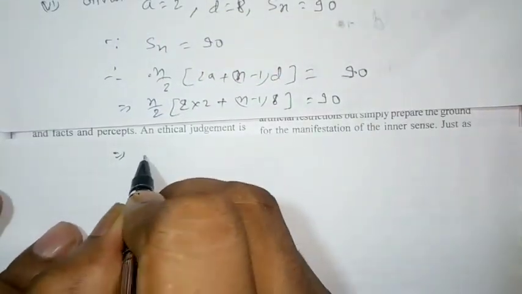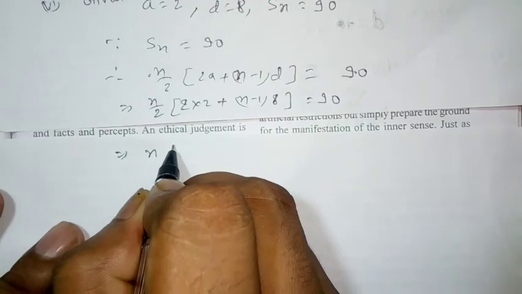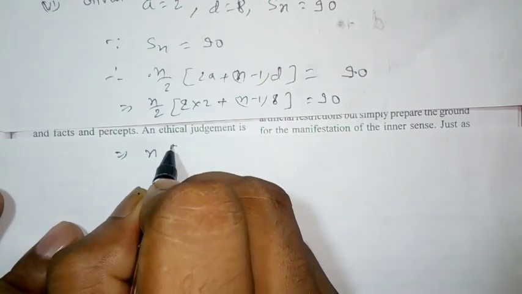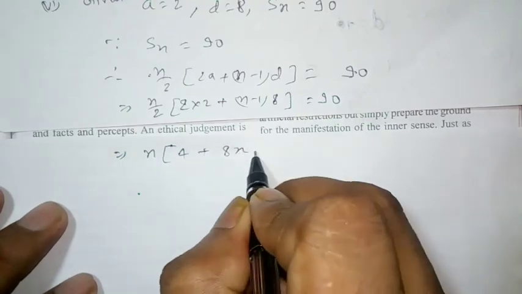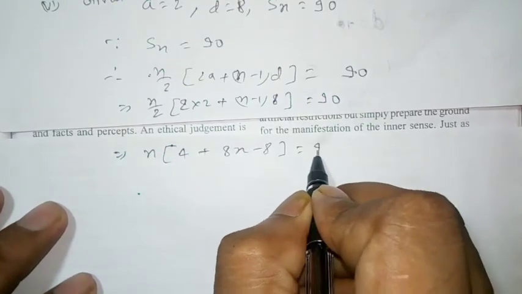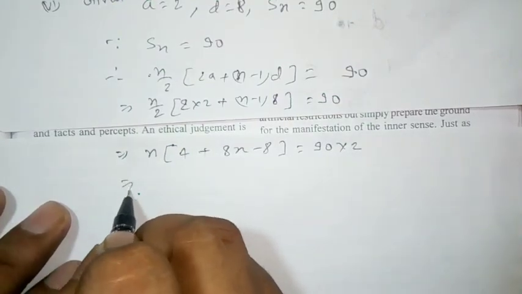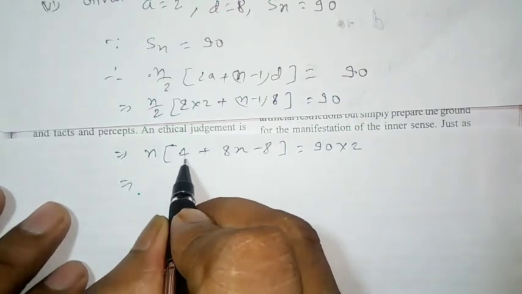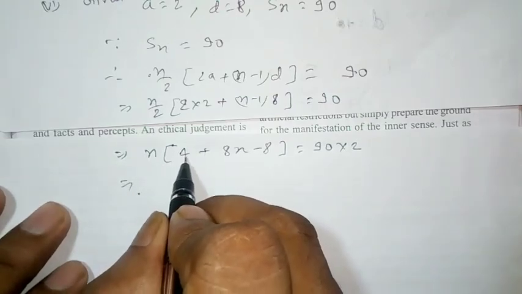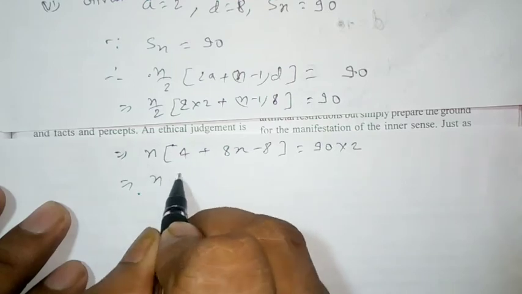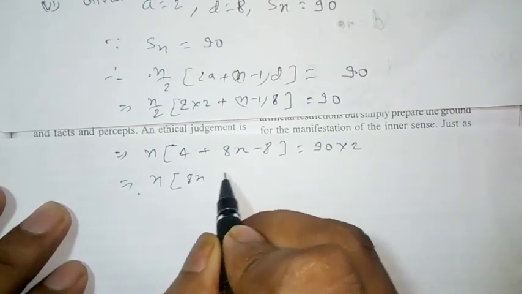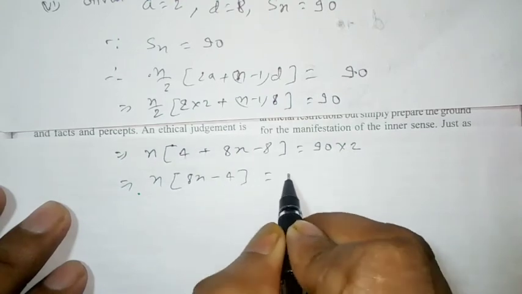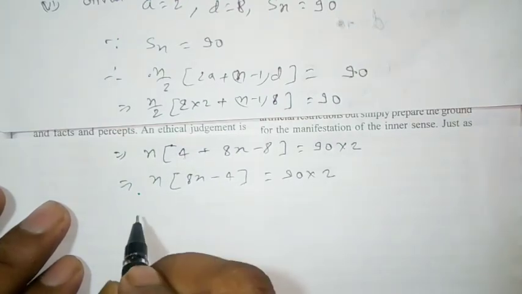Implies n into 2 twos are 4 plus 8n minus 8 is equal to 90 into 2. Implies n into 8n minus 4 is equal to 90 into 2.